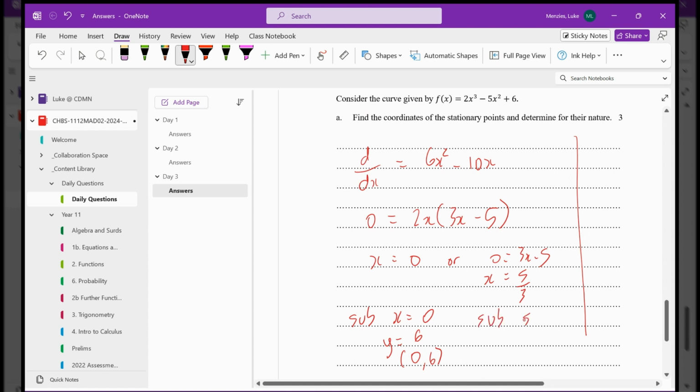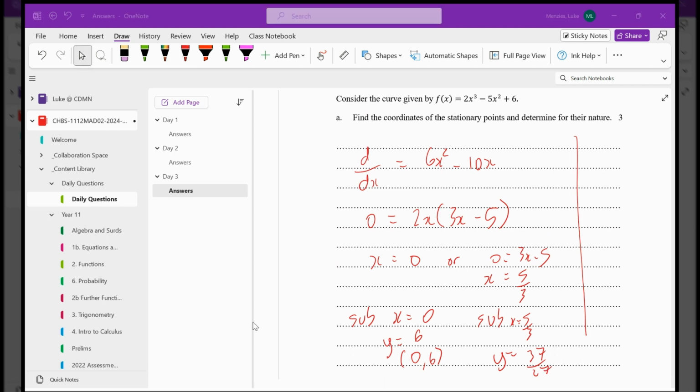Sub x equals 5 over 3 in, and you get y is equal to 37 on 27. 37 on 27. All right.